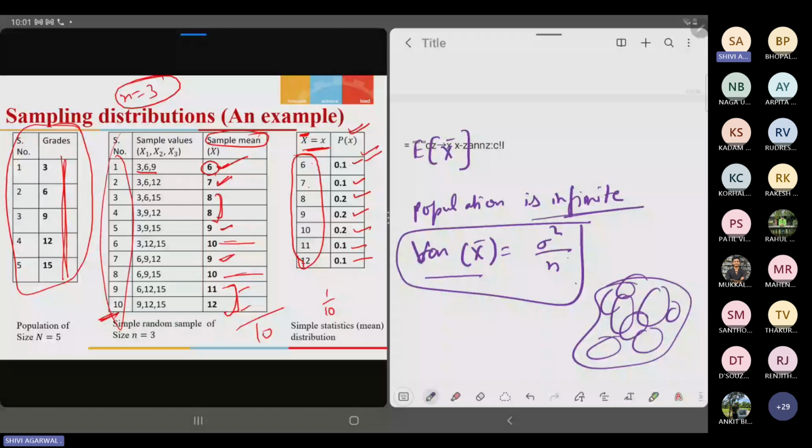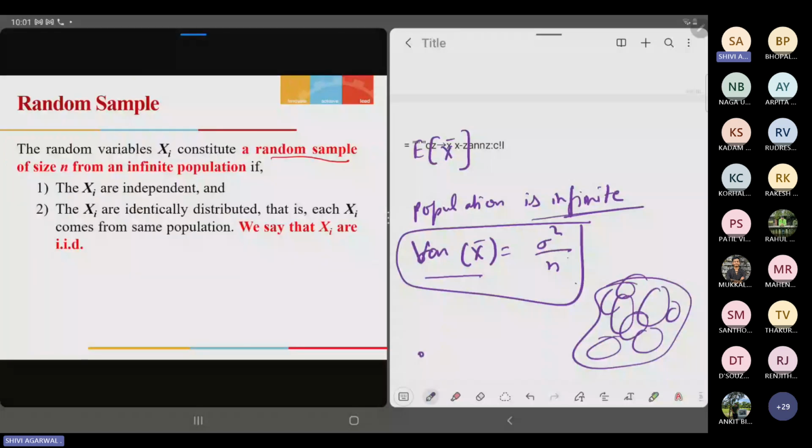These are independent and identically distributed, so we are just using the word IID now. What does identical distribution mean? That they are coming from the same population. So we are saying if the xi are IID, then they form a random sample.